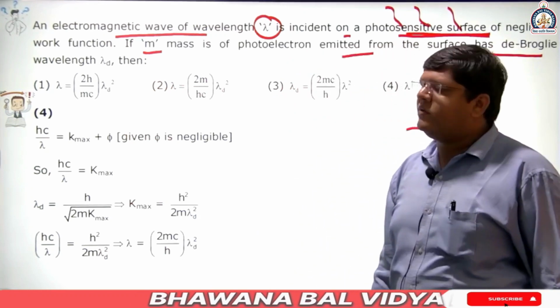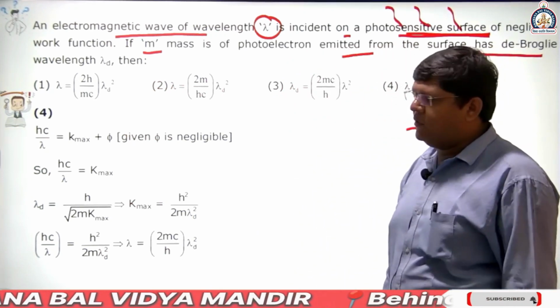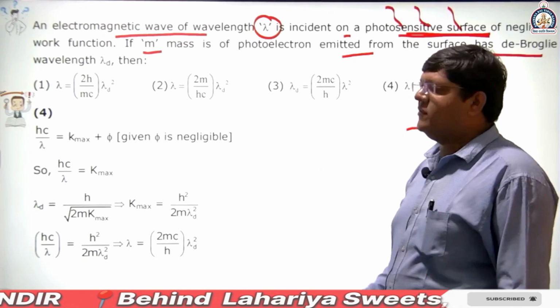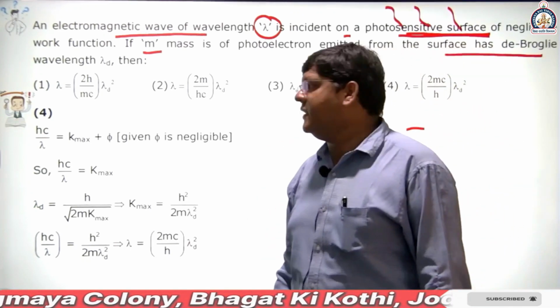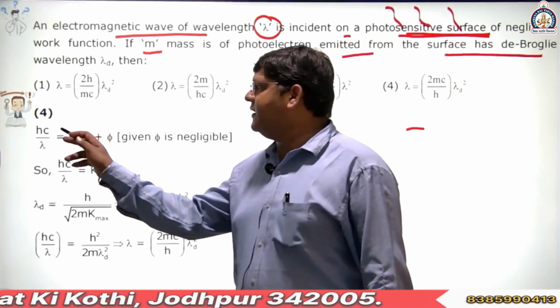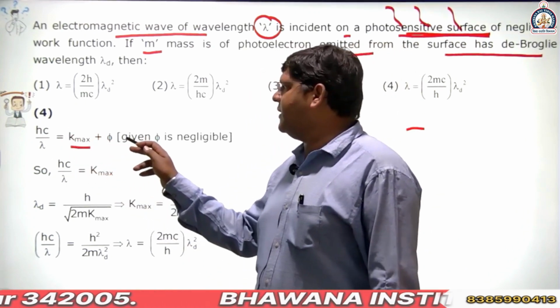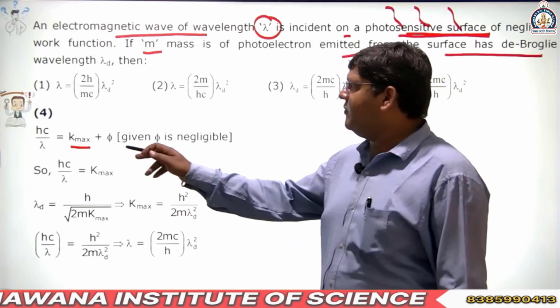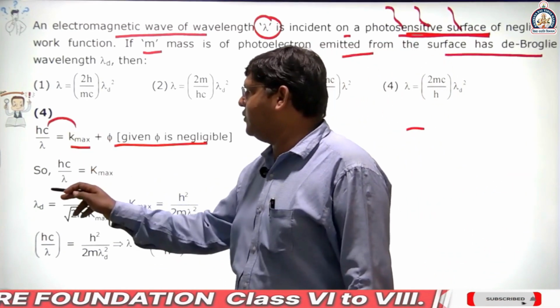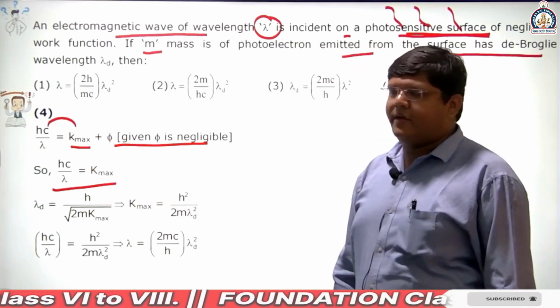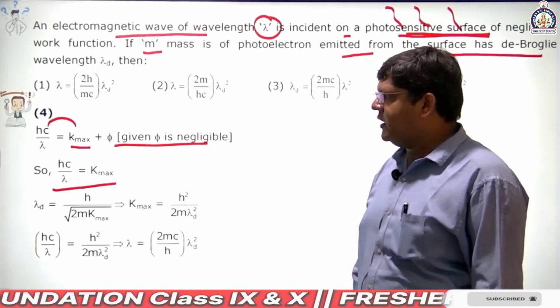We have to calculate the value of wavelength by using the relation for de Broglie wavelength, Planck constant and kinetic energy. This is hc upon lambda equals K maximum plus phi naught. If the work function is negligible, hc upon lambda equals K maximum.